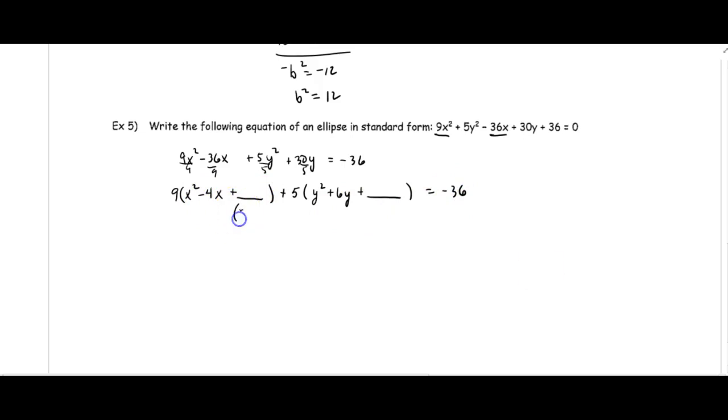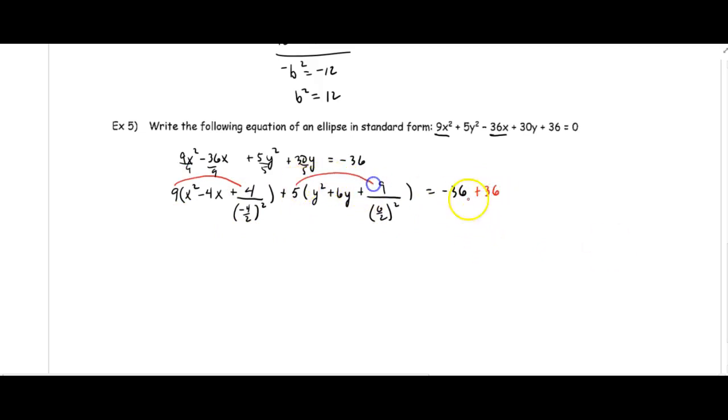So what do I have to add here? Well, negative 4 divided by 2 all squared is going to give you 4. Then here, half of 6 squared is going to give me 9. But here's the thing. What is 9 times 4? 36. I have to add 36 to the other side.